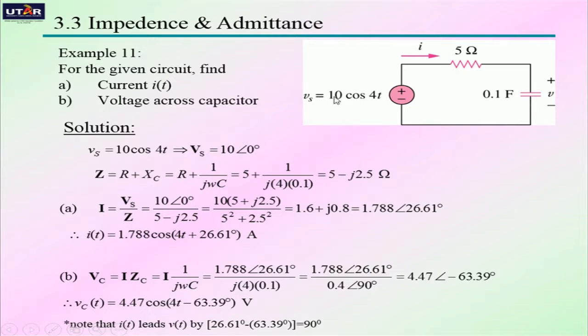Having voltage 10 ∠0 degree divided by total impedance, we will be able to find the current flowing through the entire circuit. If we have to find the voltage across the capacitor, then it would be current I multiplied by the impedance of the capacitor. That would be 4.47 magnitude, negative 63.39 degree volt.